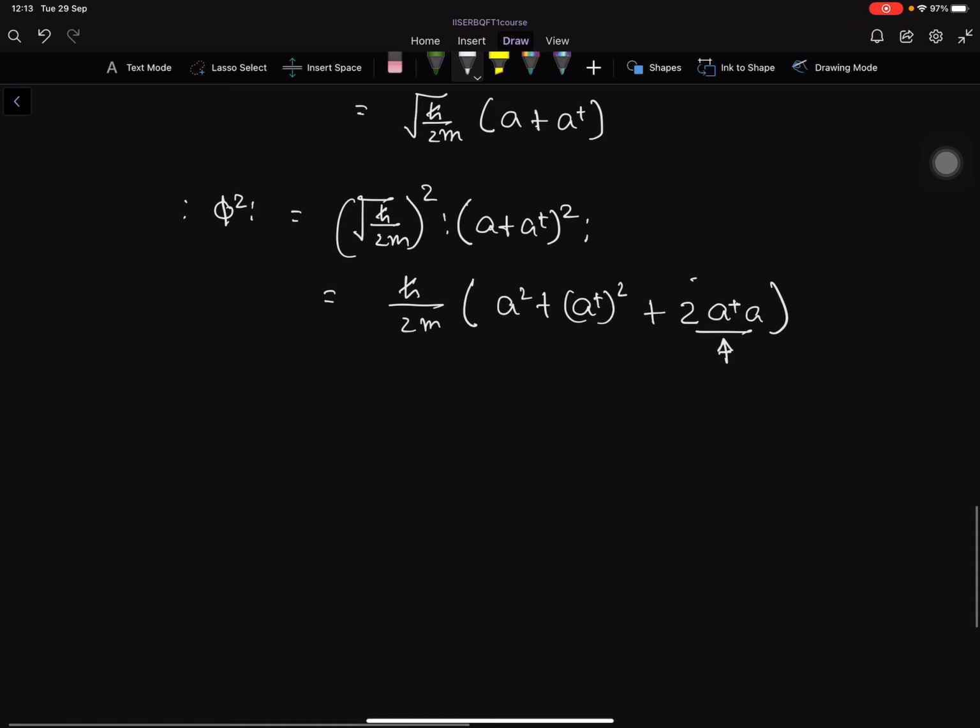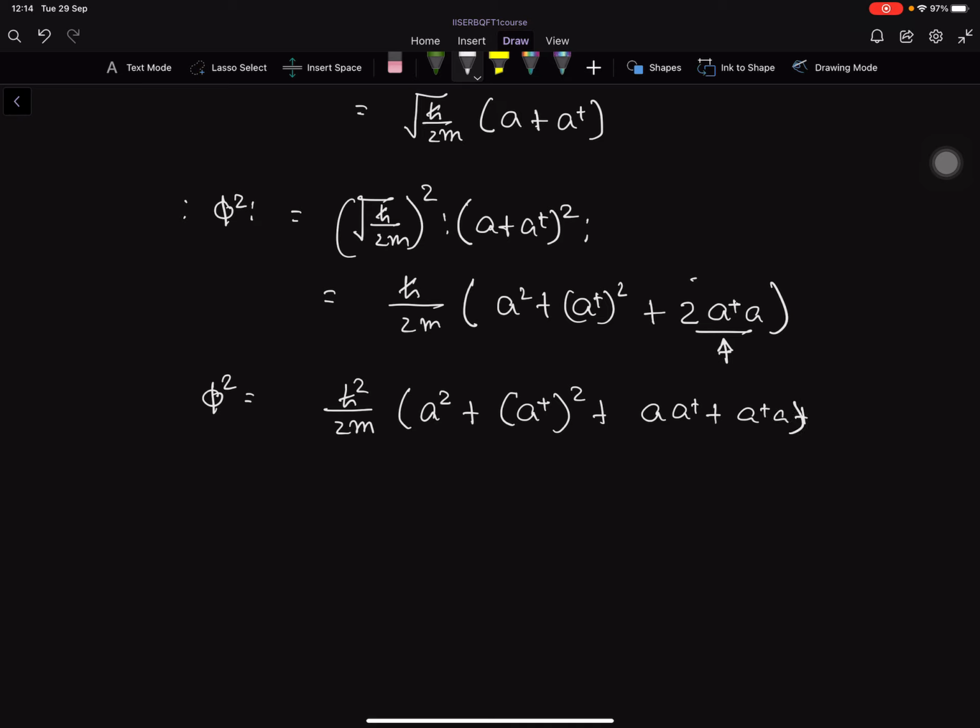Whereas phi square is simply h bar by 2m times (a plus a dagger) times (a plus a dagger), which is the same as h bar by 2m times (a square plus a dagger square plus 2 a dagger a plus 1).